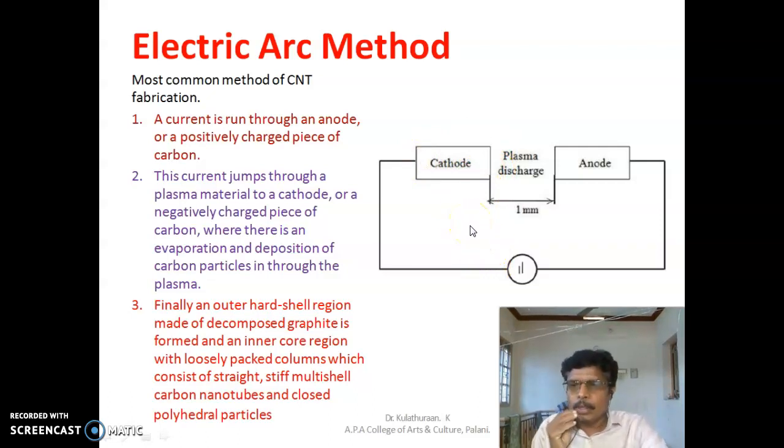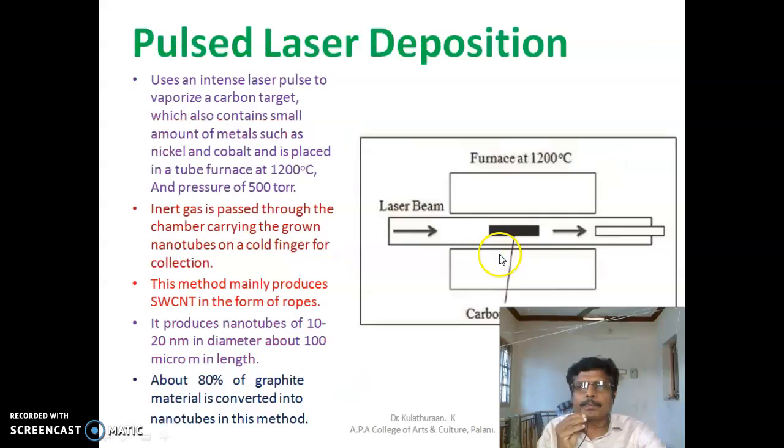Finally, an outer hard shell region made up of decomposed graphite is formed, and an inner core region with loosely packed columns consists of multi-shell carbon nanotubes and closed polyhedral particles.